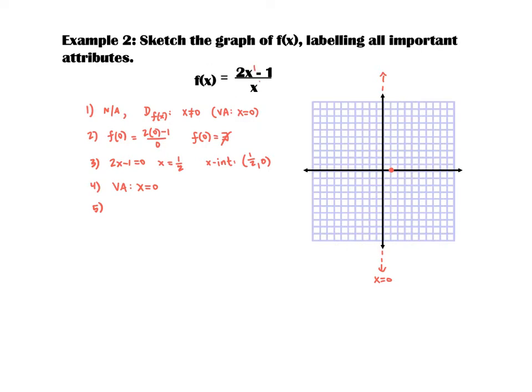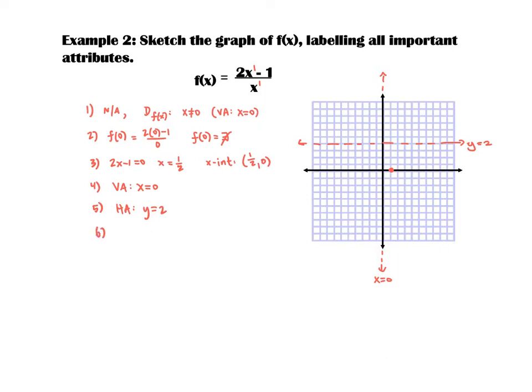Both degrees are 1. Therefore, we take their coefficients, which are 2 and 1. So we will have a horizontal asymptote at y equals 2. Let's label that. Proportionally speaking, this would be y equals 2. We've got a vertical asymptote at 0 and a horizontal asymptote at y equals 2.